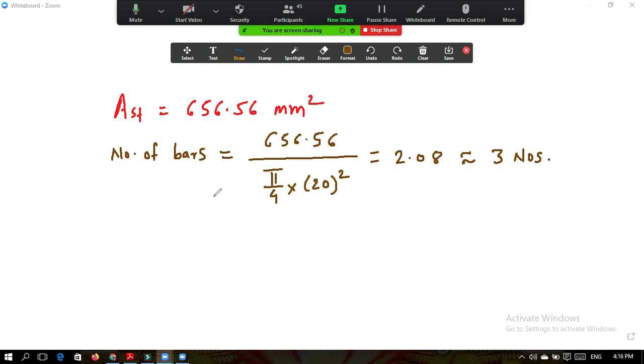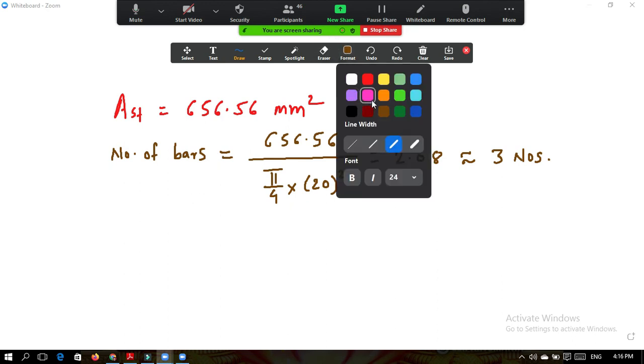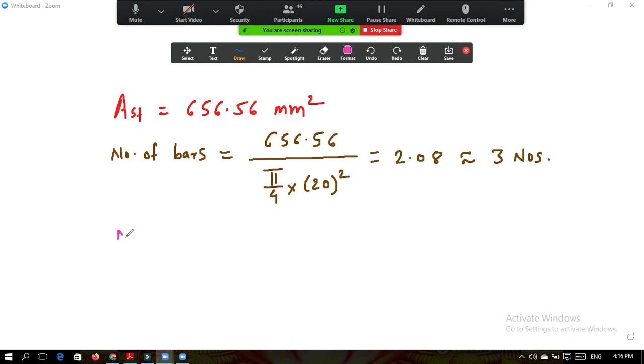Correct? Now see the maximum hogging moment. The maximum hogging moment is 152.95 something. For that moment also we are going to calculate the steel. So again, maximum negative, what does that mean?